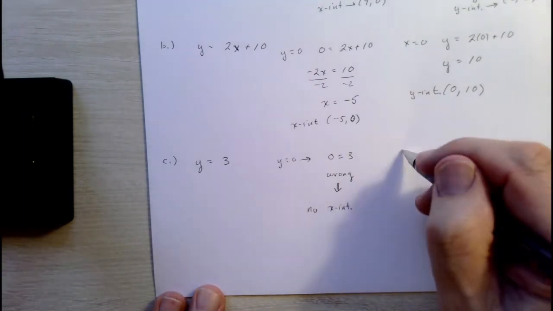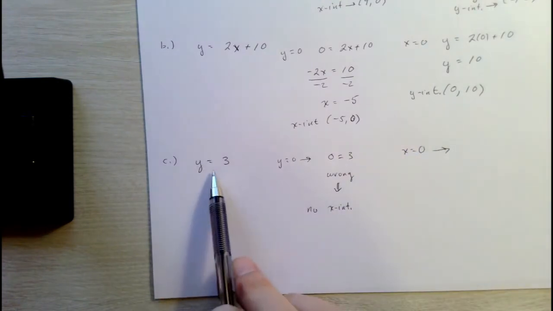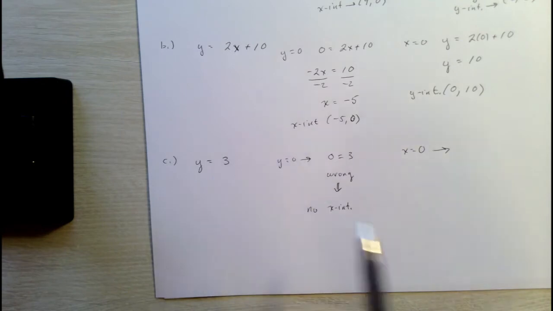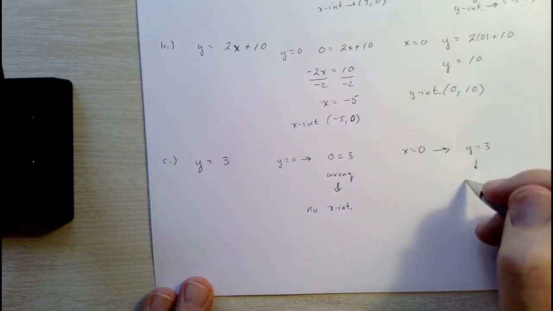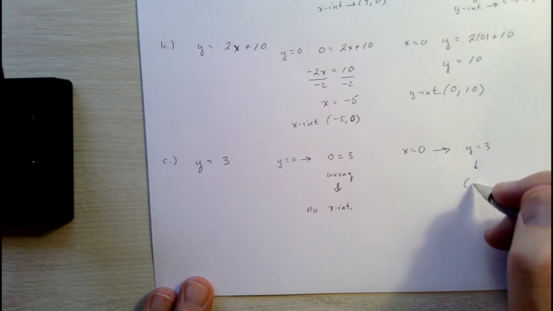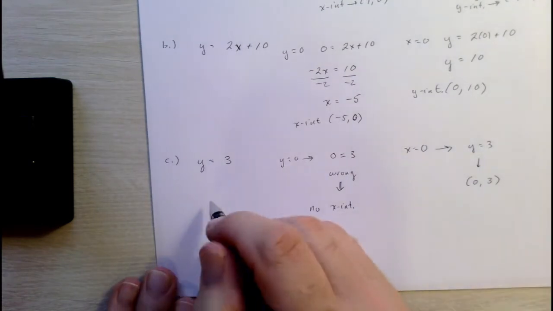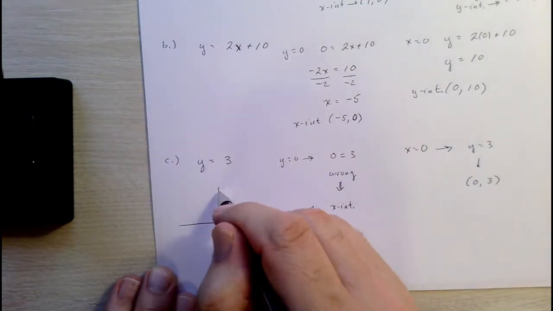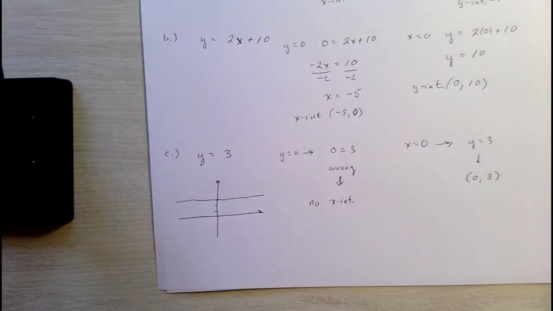And if you set x equals 0, well, there's no x here, so the equation really remains the same. We just get y equals 3, and that tells us that's your y-intercept. So it's (0, 3). And in fact what's going on is the graph is a horizontal line that hits the y-axis at 3.